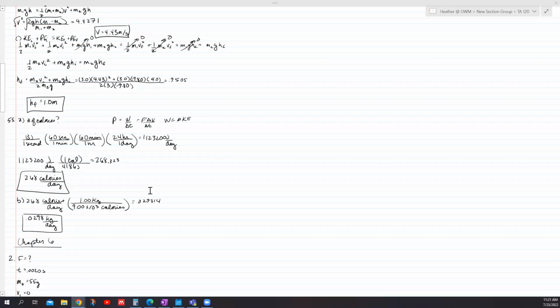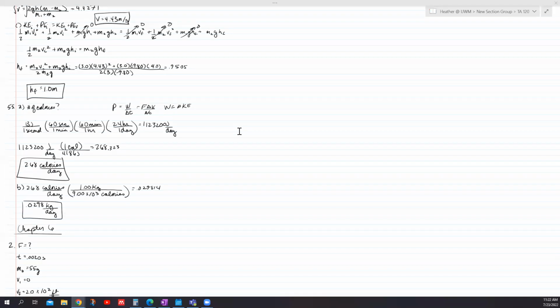So for the first one, we have to change our units because they don't match what we're looking for here. We're looking for joules per day and we're given joules per second. So we're going to take 60 seconds over 1 minute times 60 minutes over 1 hour times 24 hours over 1 day. You could certainly do 3,600 seconds per hour. I wrote everything out.